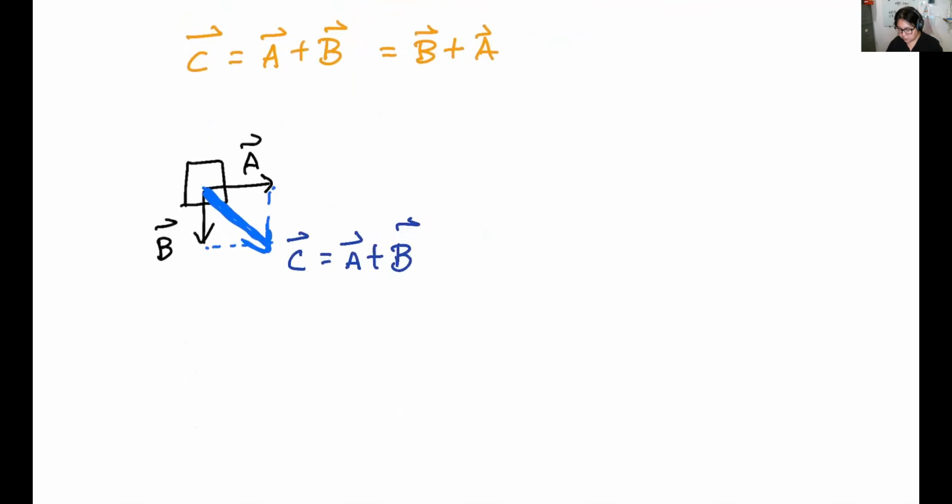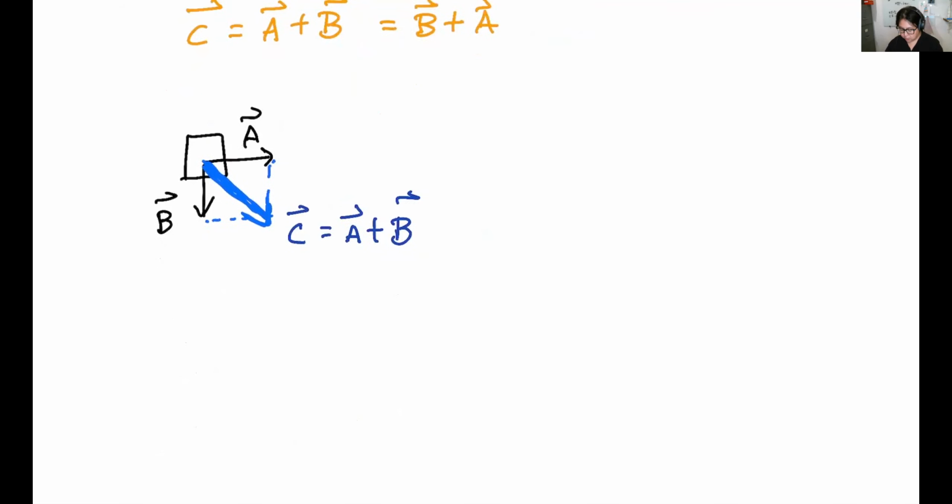Or you can use the tip to tail technique too. Sometimes when you talk about direction, you're starting from this location, right? This is where you met a person and then you want to find the location of the restroom.